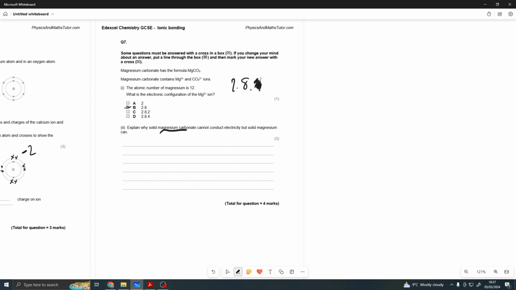Now, explain why solid magnesium carbonate cannot conduct electricity, but solid magnesium can. Magnesium carbonate is ionic, whereas magnesium is metallic. So it's saying, why can't a solid ionic substance conduct electricity, but why can a solid metal conduct electricity? You should know that the ions in magnesium carbonate cannot move.